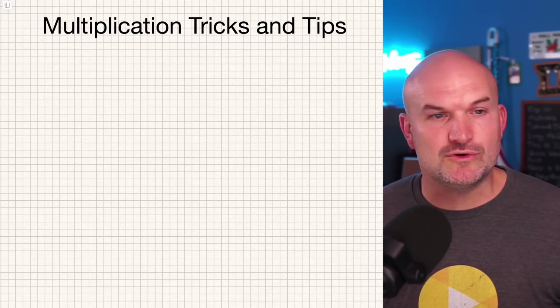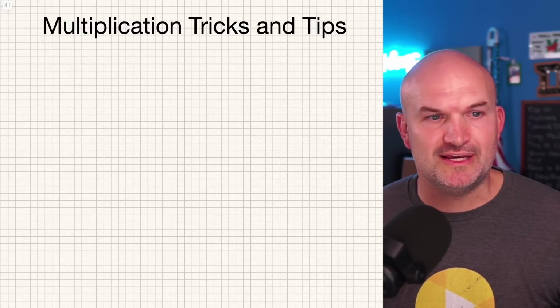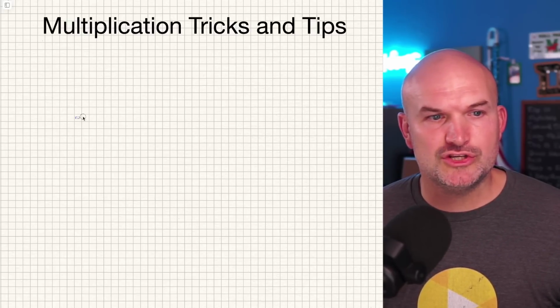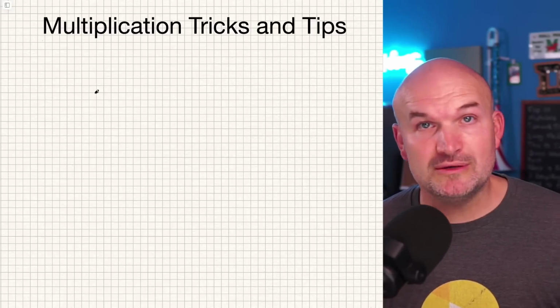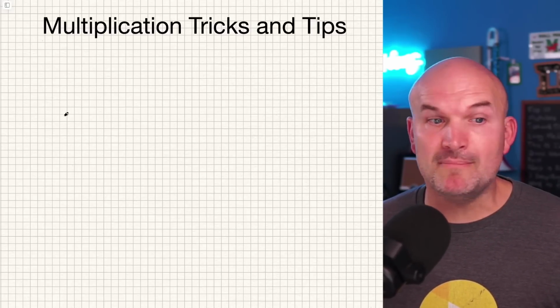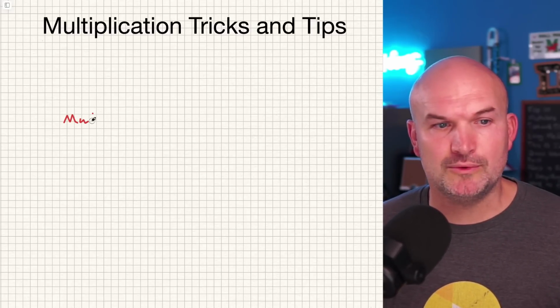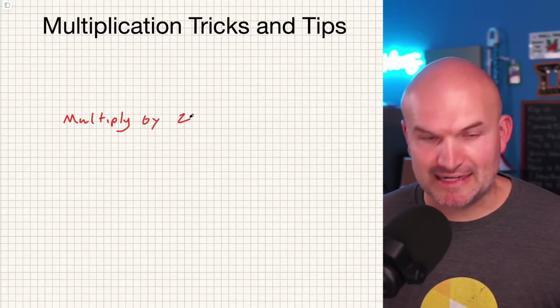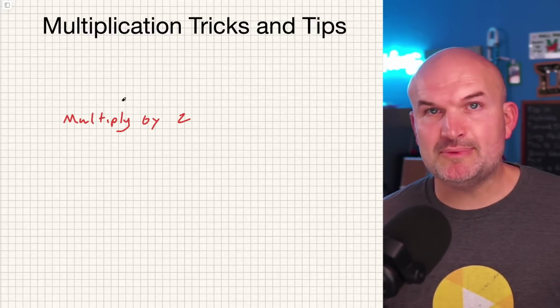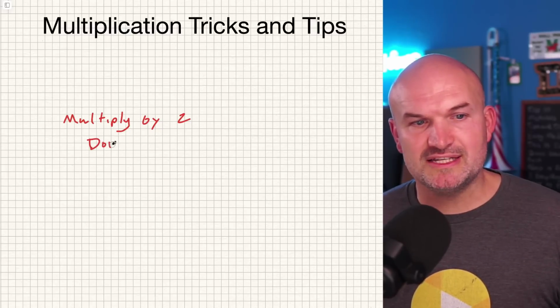So the first one is going to be our rules, and that is going to be for the number 2. Okay. Oops, I don't even have my pen ready. All right, so let's go through the multiplication tips and tricks for multiplying by the number 2. So when multiplying by 2, all I want you to think of is doubling.